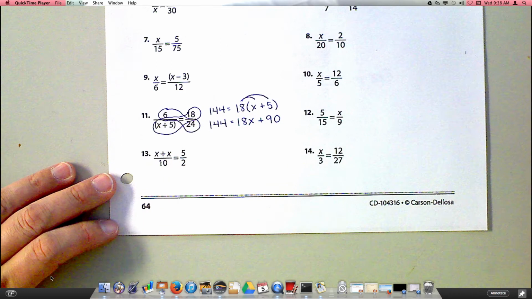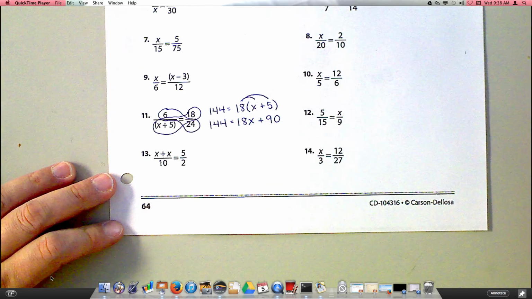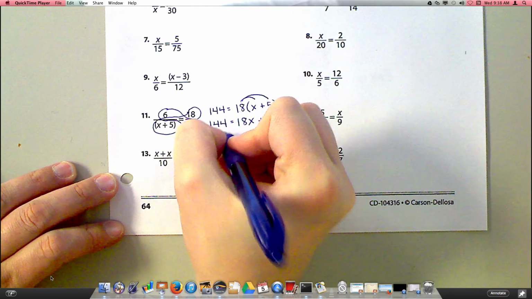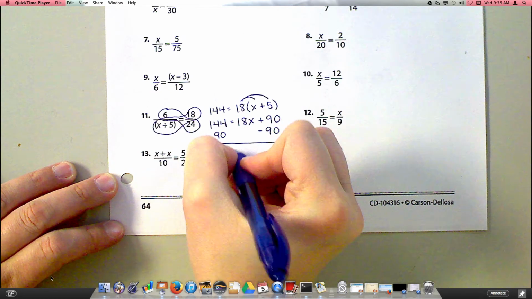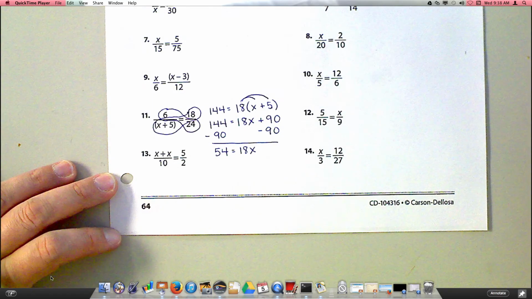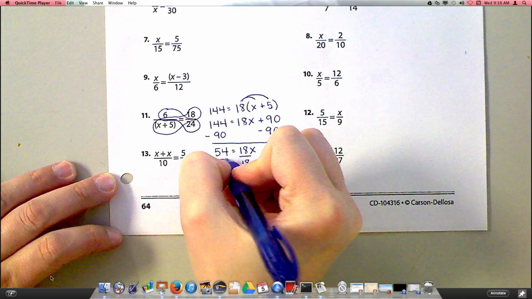Okay. Javante, what do you want to do now to solve that? Okay, subtract the 90. What is it, Alexis? 54. Thank you. So 54 equals 18x. And then your last step would be division. Good.